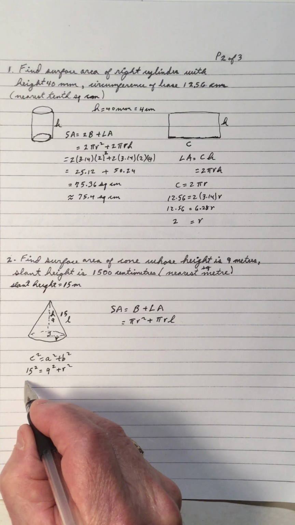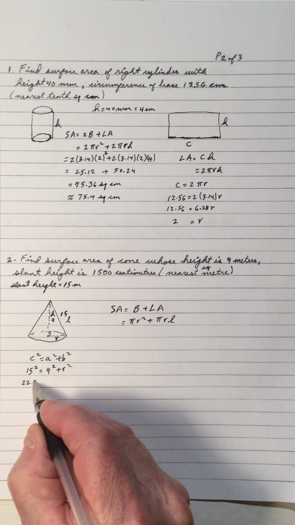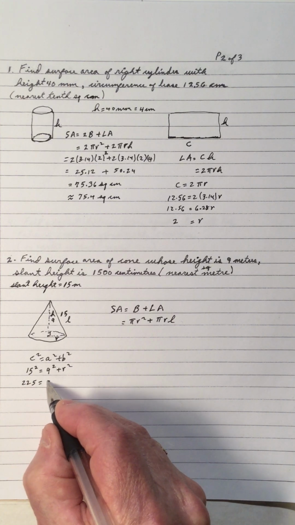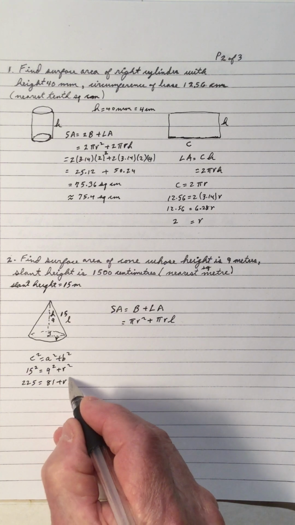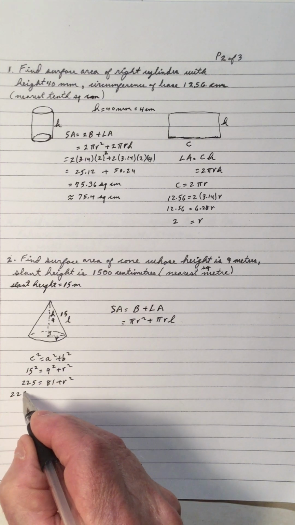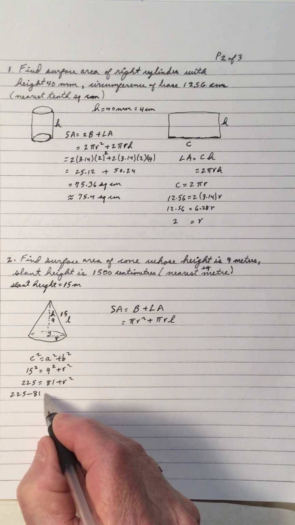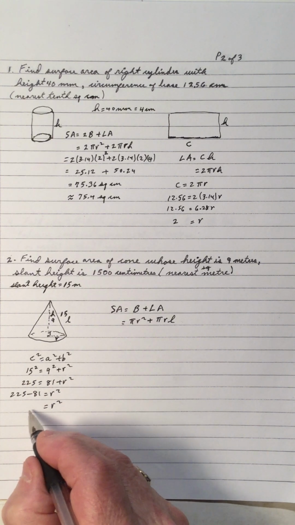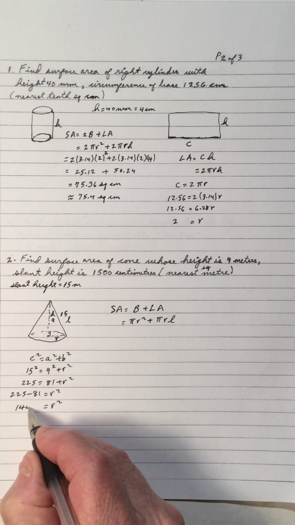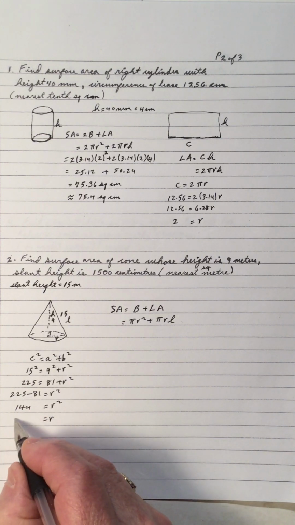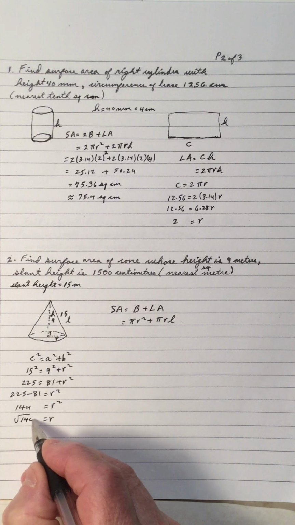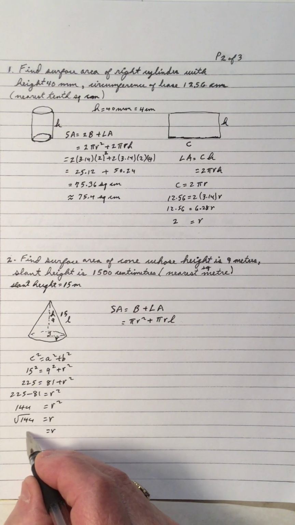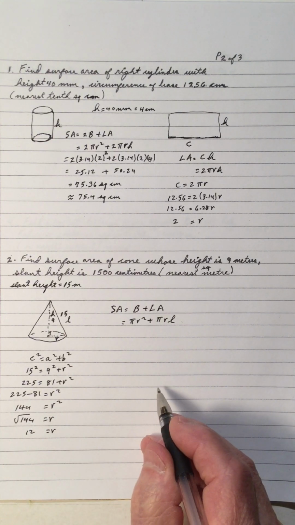So 15 squared is 225. 9 squared is 81. So 225 minus 81 is r squared. Subtract, you get 144. r is the square root of 144. So r is 12.